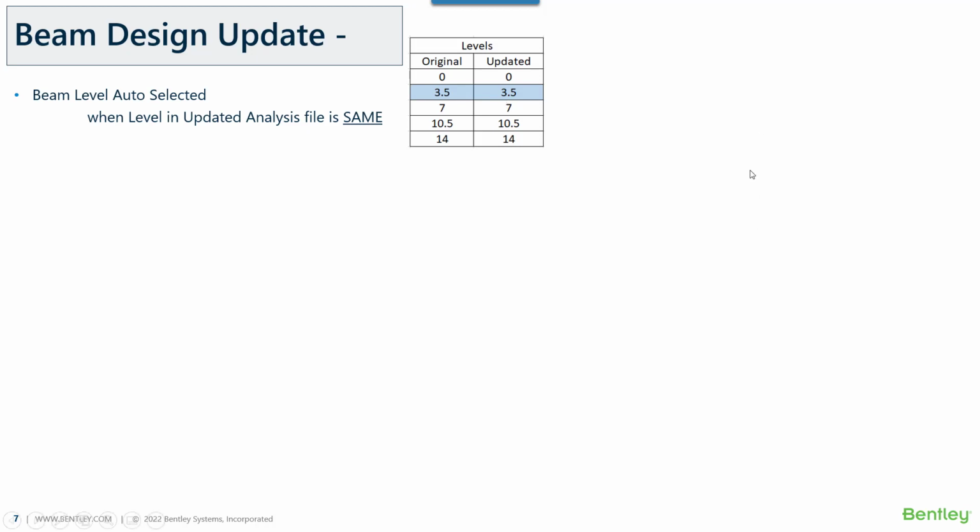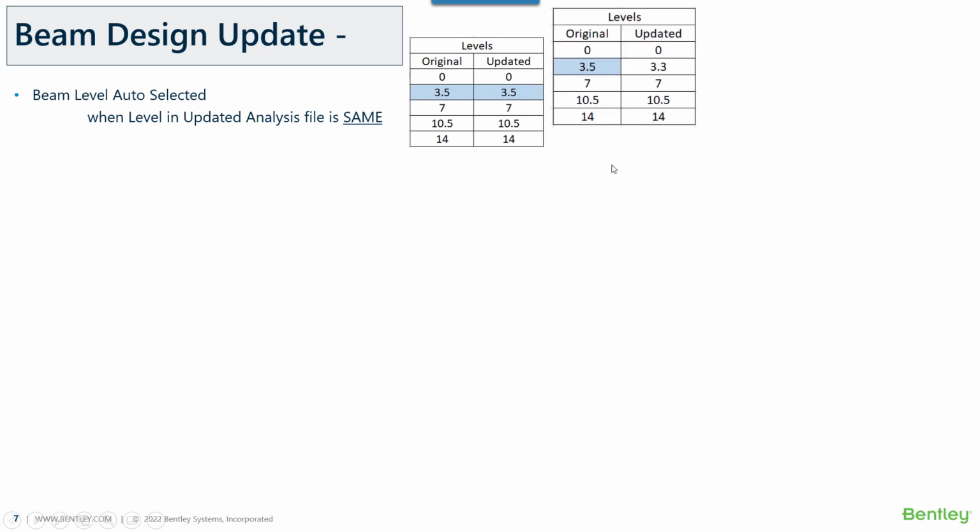The next case could be if the level coordinate, say specific to the STAAD file, has changed. Then we need to select the relevant level, and then we can proceed ahead for updating the beam design.